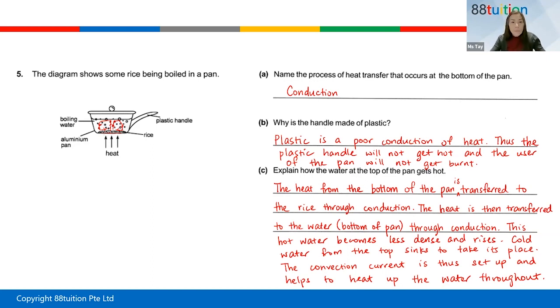Okay. So have you got down this answer? Instead of saying to take its place, can you say displace it? Hot water displaces cold water. You see, when the hot water goes up, something else must come in to take the place here.